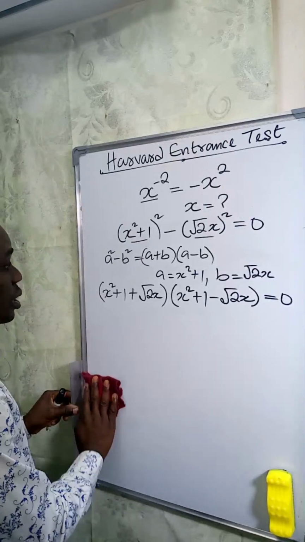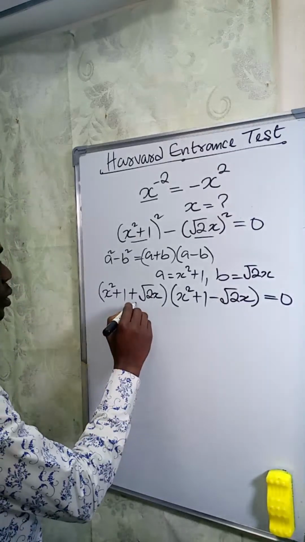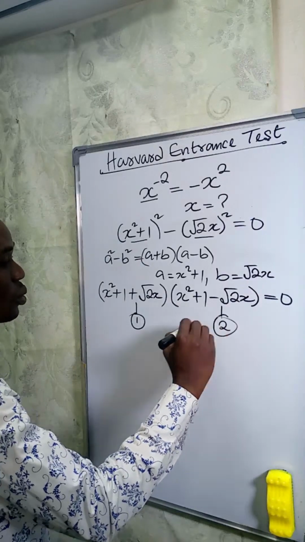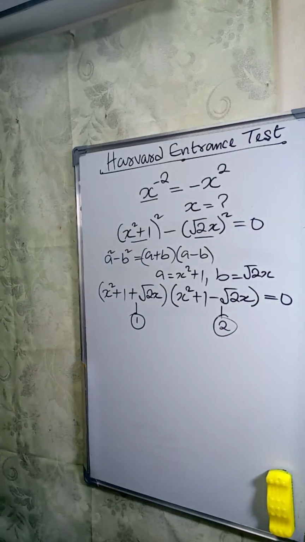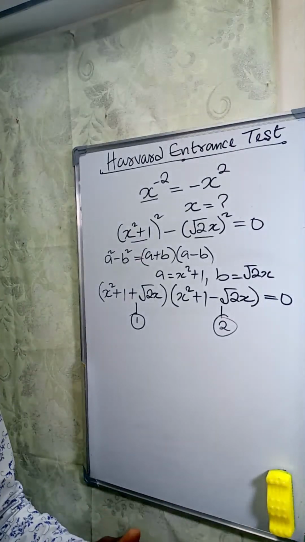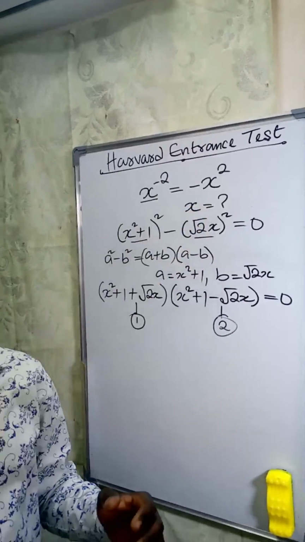Now these two expressions simply look like quadratic expressions, so I'm going to take this as expression 1 and this as expression 2. Both of them can be solved quadratically in order to get the values of x. Remember, our main aim is to find the value of x.